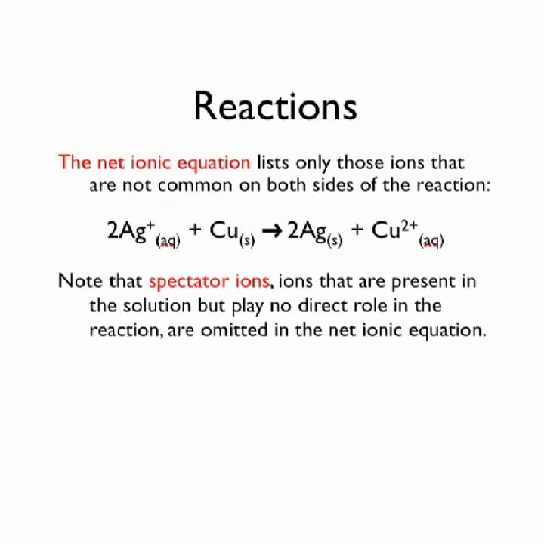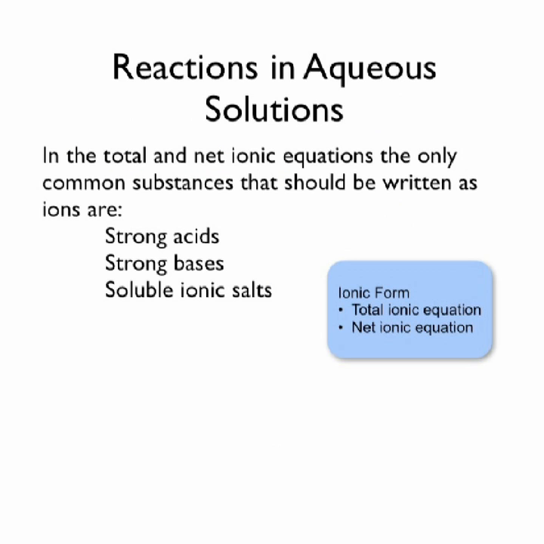On the other hand, if we were dealing with stoichiometric calculations, we frequently must deal with formula weights, and therefore it is more convenient to use the complete formula of all species in our calculation. So how do we know when to write something in the ionic form or the molecular form?